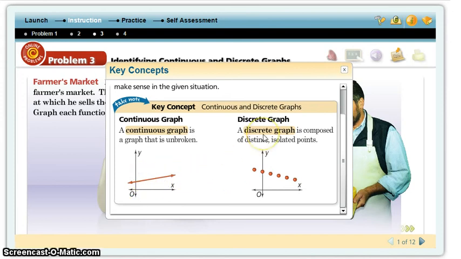Whereas a discrete graph is composed of distinct points, which just indicates that the values between these points do not make sense in the problem. So these are the two different types of graphs that we're going to discuss in this problem, so make sure you have those definitions. If necessary, pause the video, make sure you have them written, and then move on.